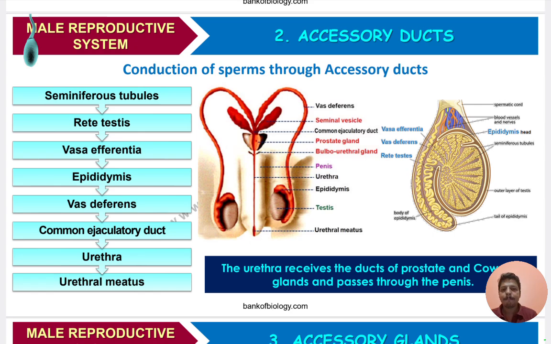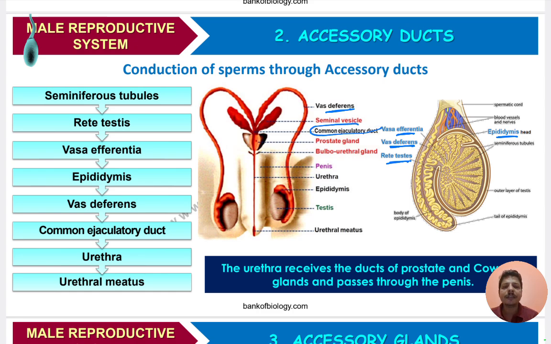See the diagram. Here you can see there are many seminiferous tubules. From the seminiferous tubule it goes to the rete testis, and then to vasa efferentia, then epididymis, which temporarily stores the sperm, then the vas deferens, and then the common ejaculatory duct.